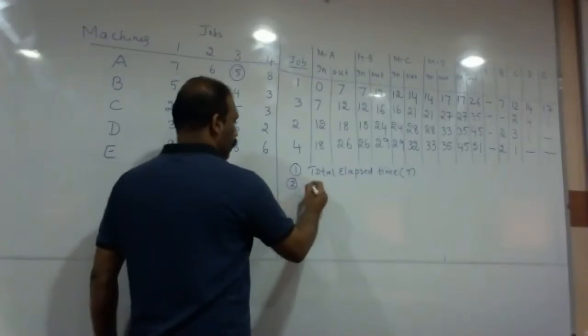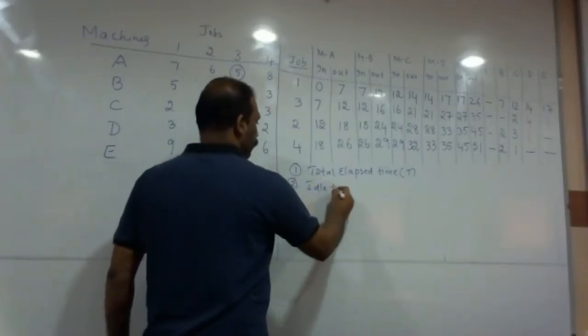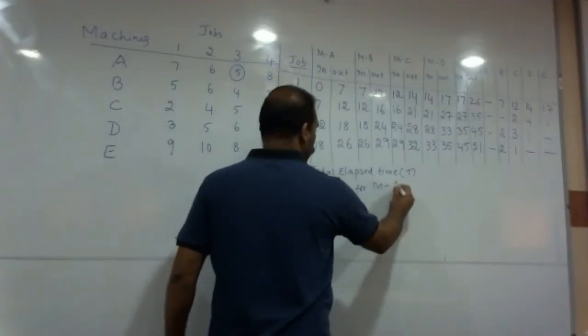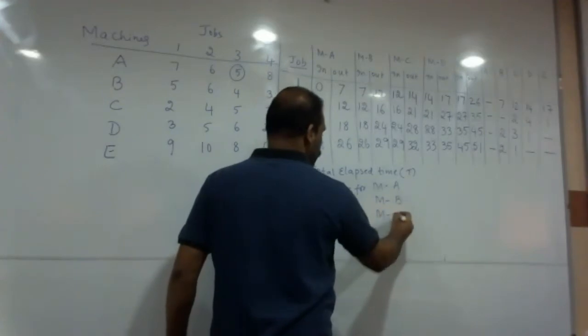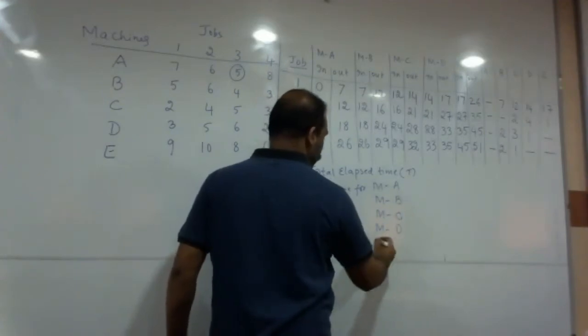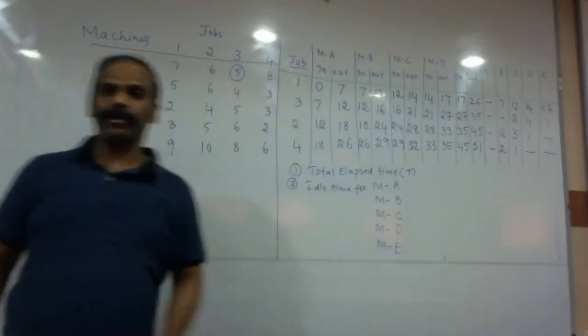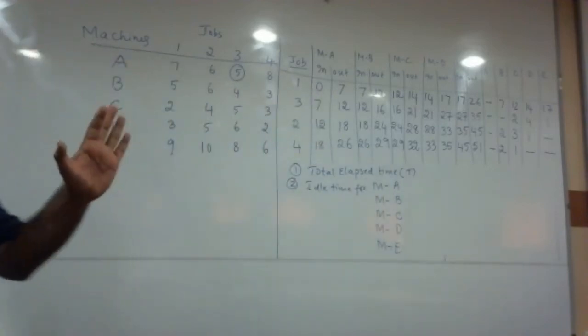Second, idle time for machine A, then machine B, then machine C, then machine D, and finally machine E. So these are the values to be calculated, and this is the final answer as well.